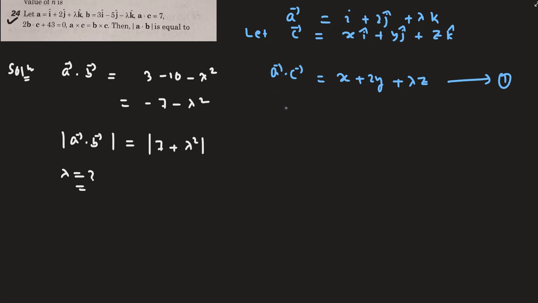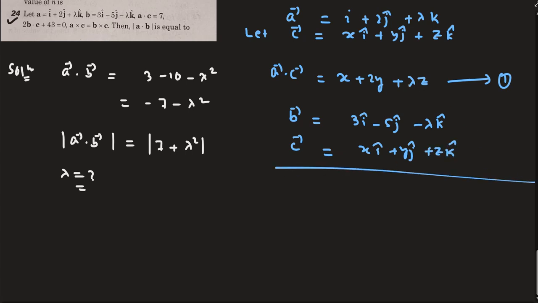Next we are taking B with C. So the B vector is 3i minus 5j minus lambda k, and the C vector is xi, yj and zk. Take their dot product. So this value is given as 7 only. Taking their dot product, what we have is 3x minus 5y minus lambda z, and this value is given as minus 43 by 2. So now I have these two equations, 1 and 2.